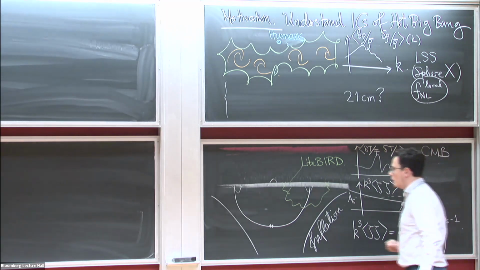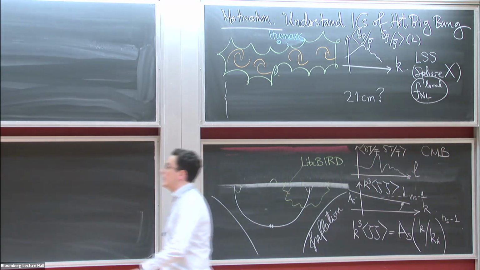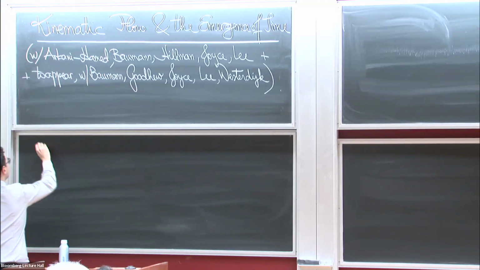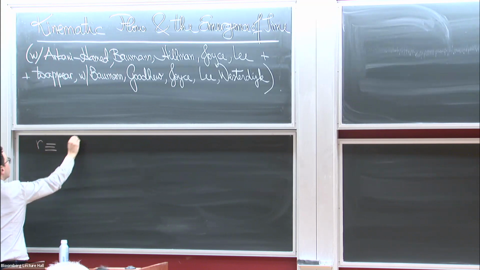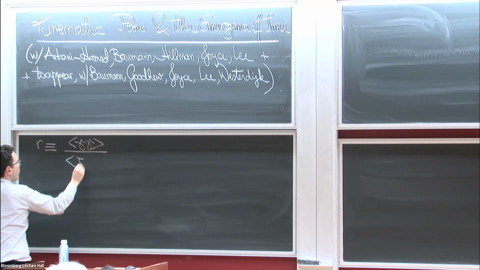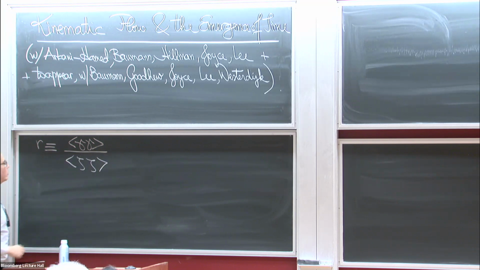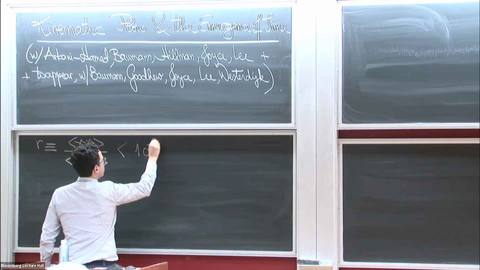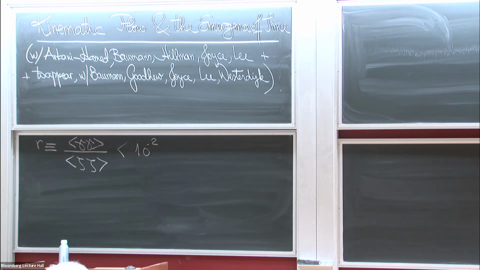Okay. So the question is, so first thing, let me just, that part is becoming too busy. So r is the definition, the ratio of the 2-point functions of the gravitational waves in units of the scalar perturbations. We know that it's less than order 10 to the minus 2 at the moment.